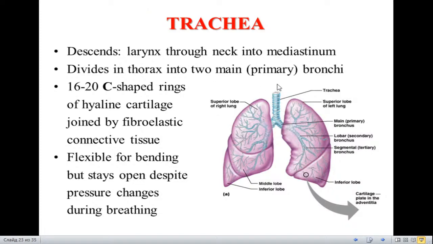So the trachea has a cervical part and a thoracic part. It consists of 16 to 20 C-shaped rings of hyaline cartilage joined by fibroelastic connective tissue. So this is not O-shaped cartilage but C-shaped cartilage.